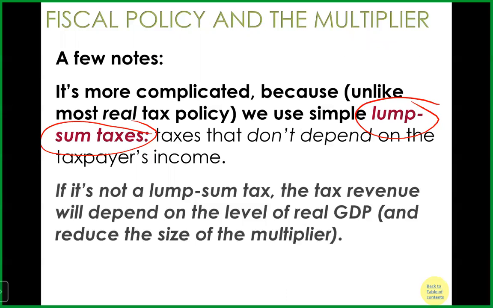And the difference is that the lump sum tax won't distort your choice. Because regardless of how much you work, how much you consume, how much you save, you pay the same tax. My decision is going to be independent of the tax in a lump sum tax. A lump sum tax won't interfere with your choice.